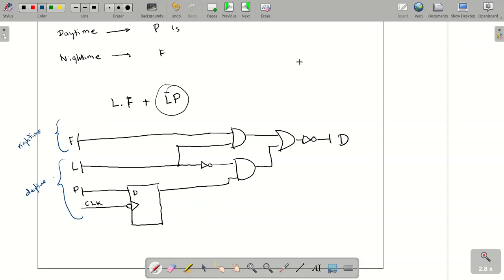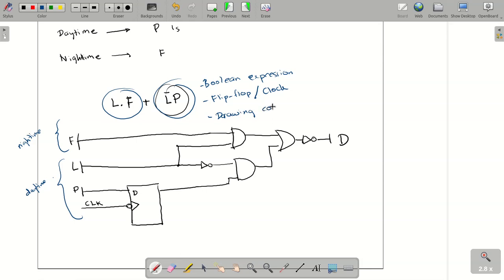In this, marks were allocated for identifying these two Boolean expressions, for realizing that you need a flip-flop that is connected to the clock, and for drawing a correct circuit diagram for whatever Boolean expression you came up with.